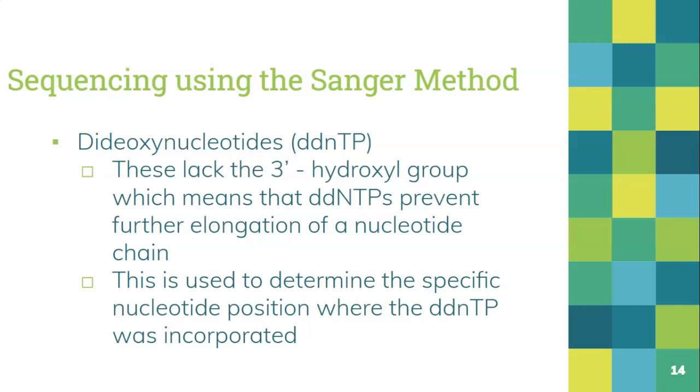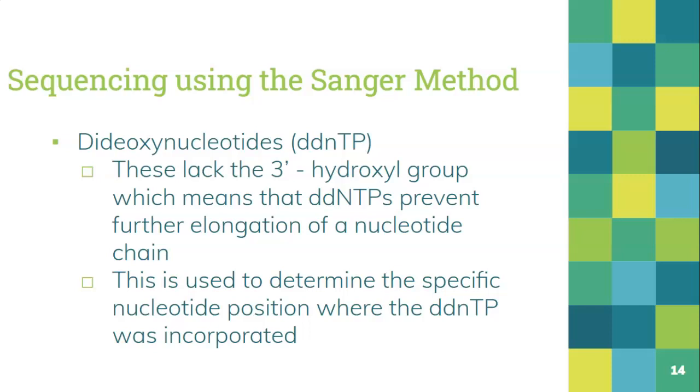So they will connect normally in a DNA replication strand, but say they're complementary to a T, so this ddNTP-A, right, because A and T go together, will connect, and then nothing will be able to connect after it, and it will just stop replication in its tracks.